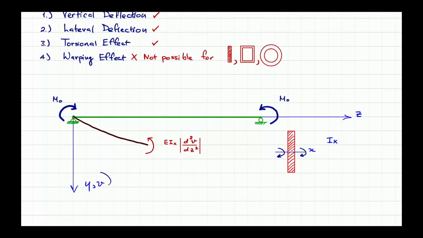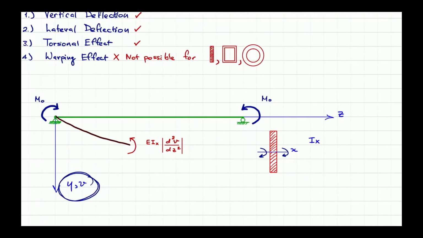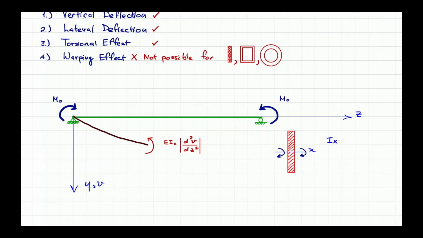As the orientation of your axis is pointing downwards, and z is going that way, if you see this case, z and y, if it looks like this, this gives you the positive second derivative of v with respect to z squared, right?